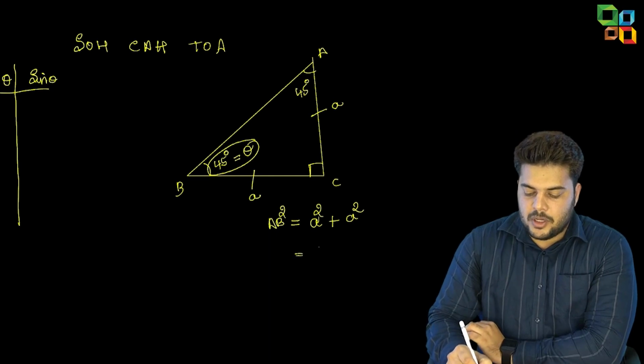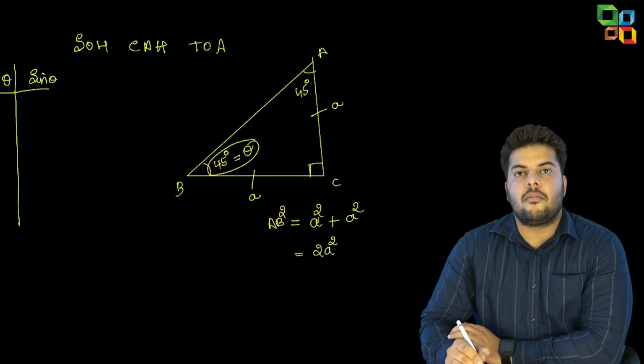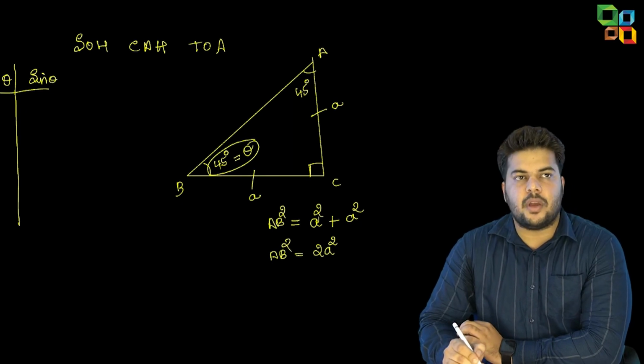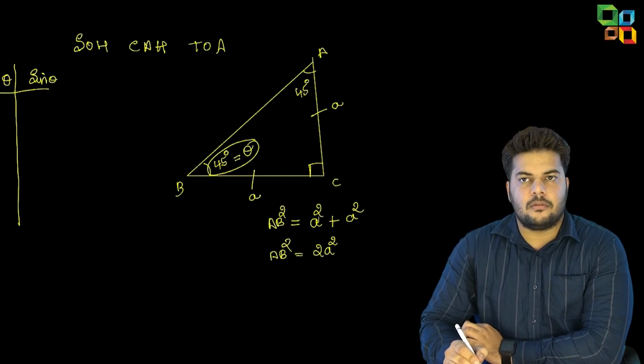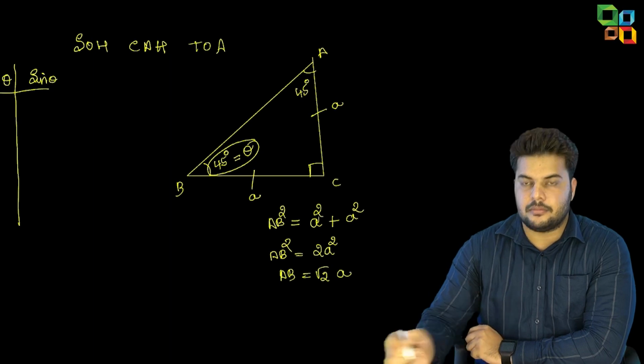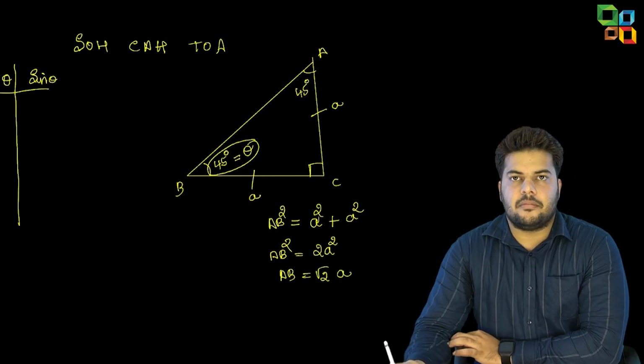So this will come out to be 2A square. So AB square comes out to be 2A square. I wanted AB, so take the square root on both sides, and you get root 2 into A.